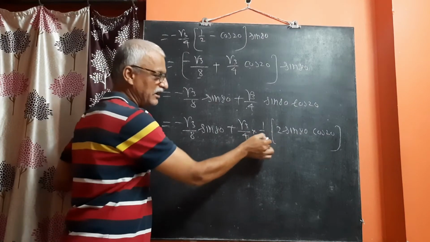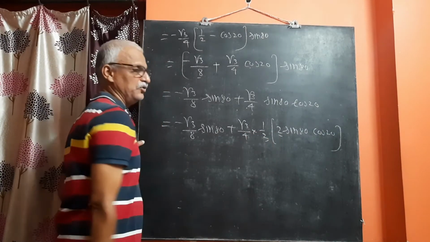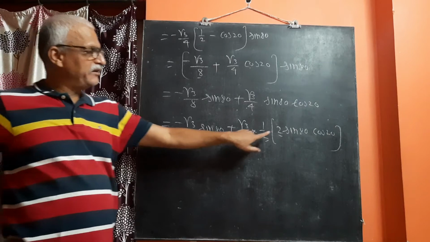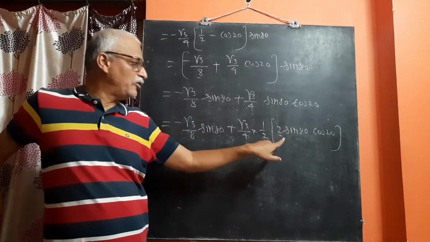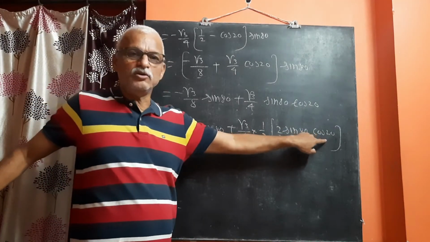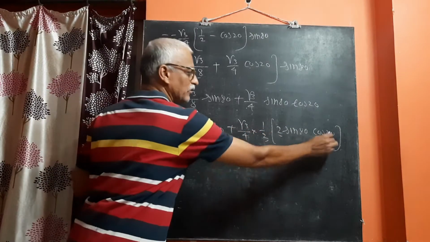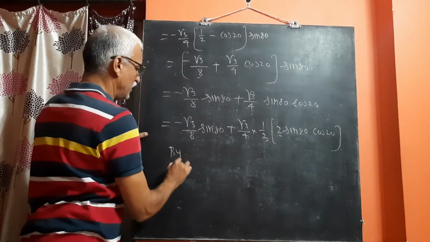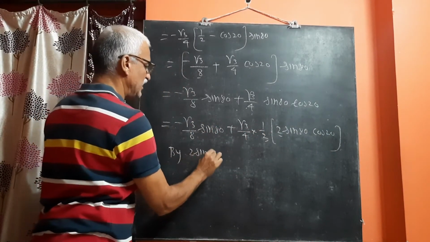I have multiplied by 2 and divided by 2. Why? Because the formula is 2 sin A cos B.